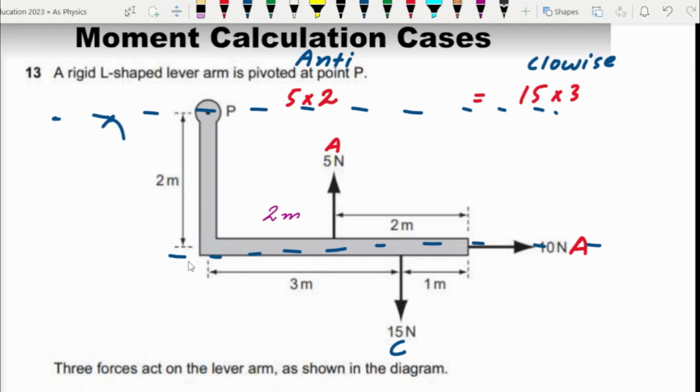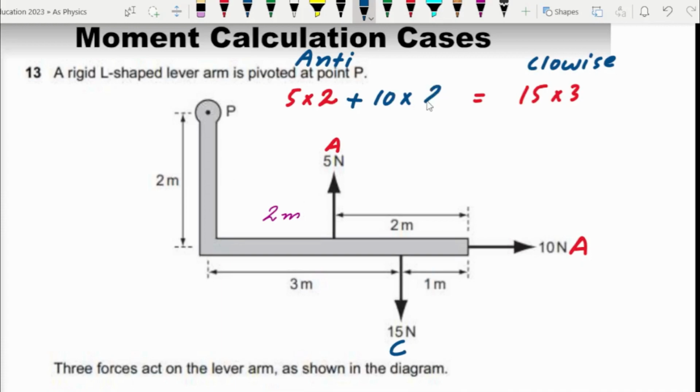So ये भी आपका moment इसका कितना हो जाएगा? 10 times 2. और इसको हम करेंगे एंटी क्लॉकवाइज साइड पे ही ऐड. So it is not necessary that anti-clockwise is your left side. You can write it on either side, but the anti-clockwise ones have to be added among themselves. Plus 10 F into d, its distance is 2 meters.